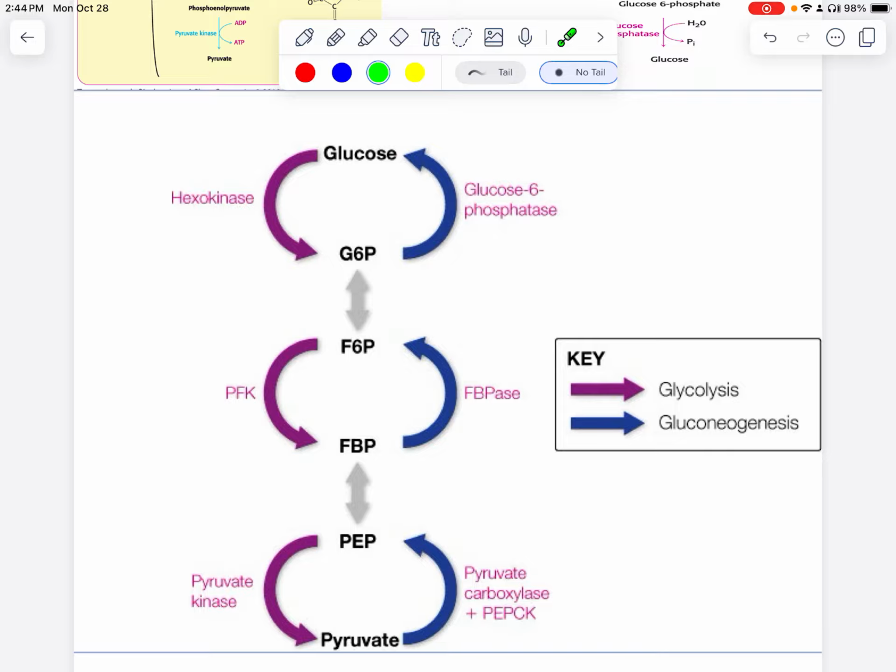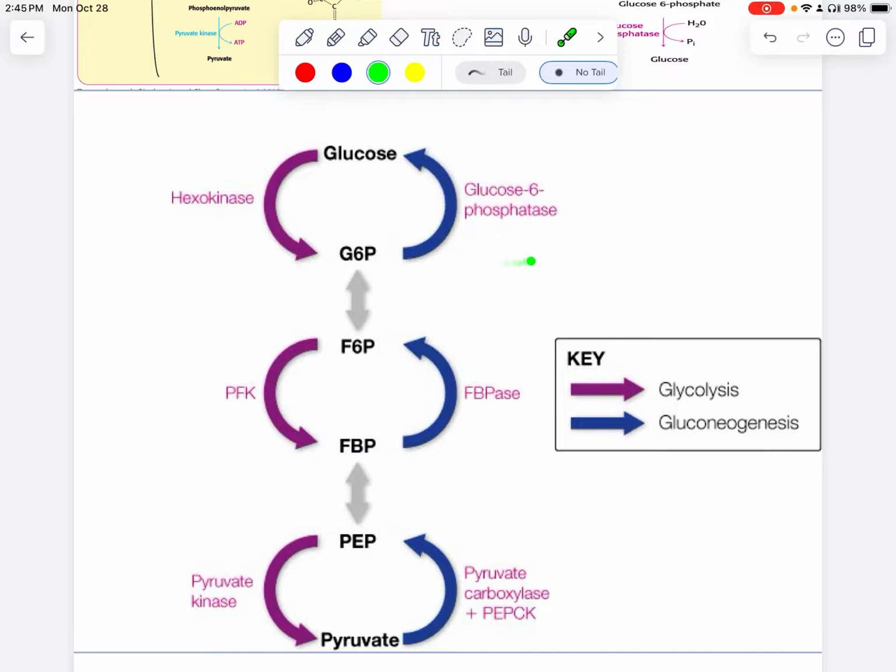Notice that we are starting up here with glucose and ending up in pyruvate. So along the left, as we go down this direction, we have glycolysis. On the right, in the blue, we would be going this direction for gluconeogenesis. Glycolysis occurs in all cells, but gluconeogenesis occurs mainly in the liver, to some degree in the kidneys, and to a very small extent they're discovering it occurs in the brain and other organs, but really mainly the liver, so we're going to focus on that.